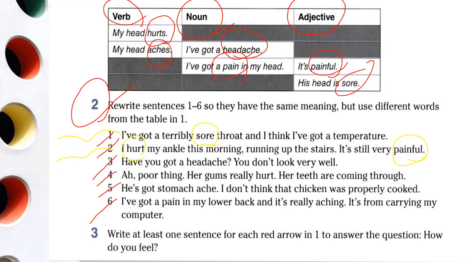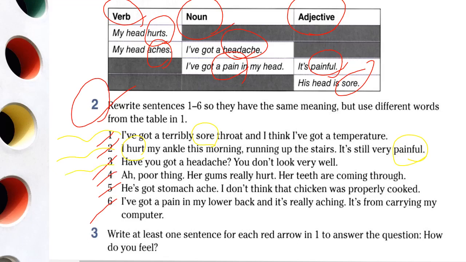We can say my ankle hurts. So I have transformed the word hurt from a verb into another form of verbs. And for the word painful, I can say I have a pain in my ankle.